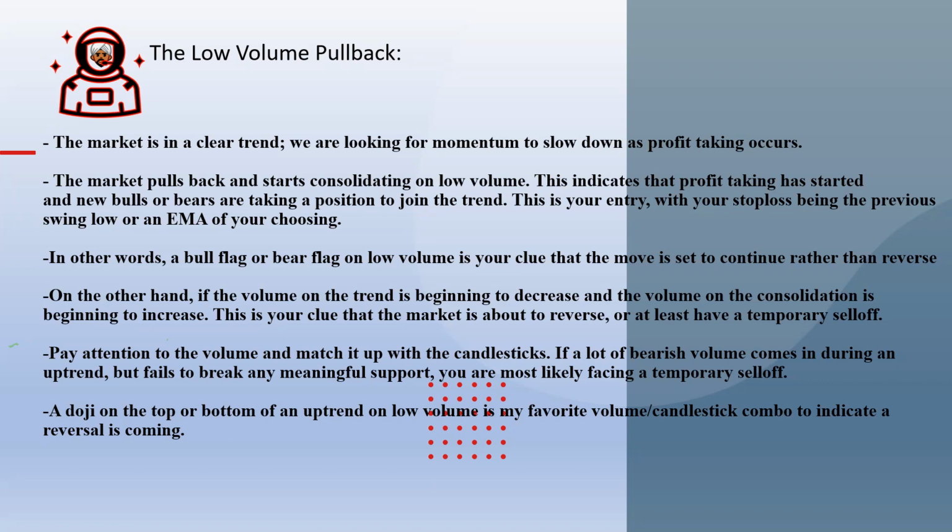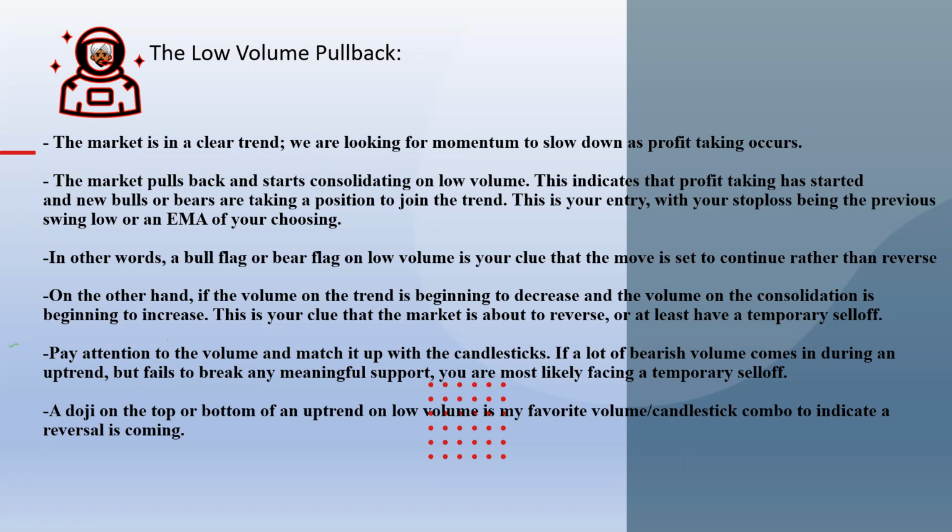Pay attention to the volume. Match up your volume with your candlesticks, right? So if we're in an uptrend or a downtrend, the volume is increasing there. The next consolidation, if the buy volume on a downtrend is starting to increase, then that's going to be your first clue right there, before even the new swing low or swing high is made, that the market is about to reverse, right?